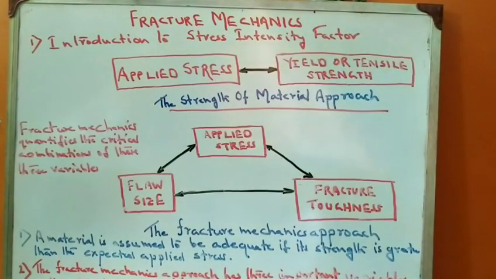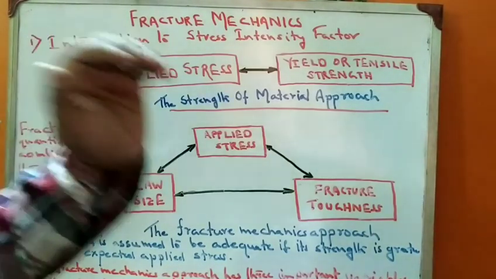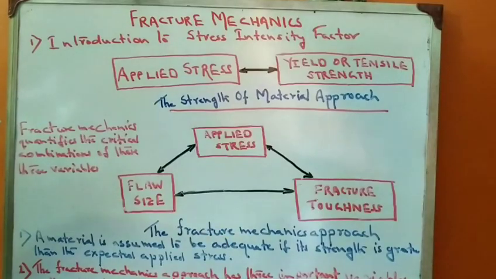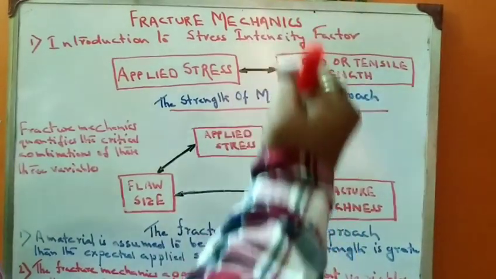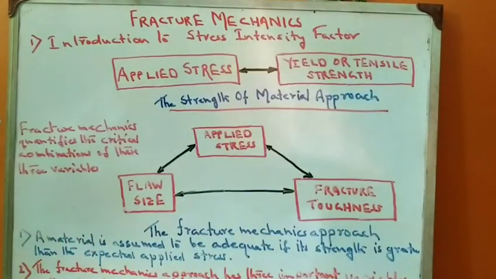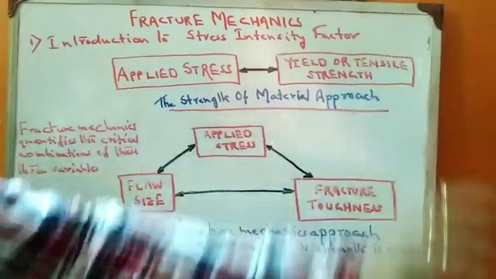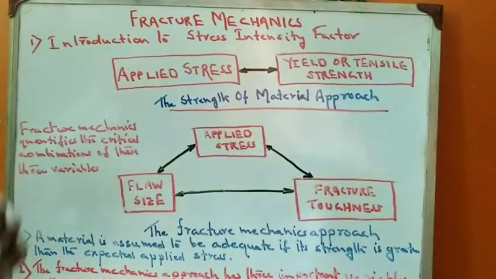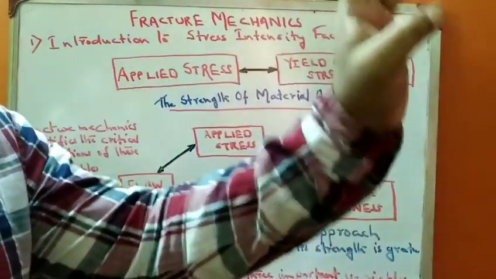In machine design, they think that if a material can resist an applied stress below the yield strength, then the material is safe. That is the normal approach of strength of material. We put a factor of safety, and depending on it, we take the yield strength for a ductile material and the ultimate strength for a brittle material.